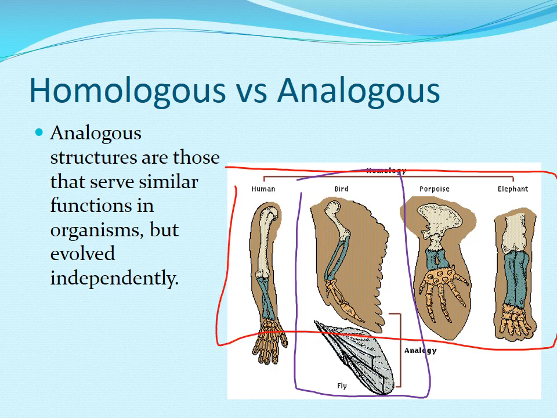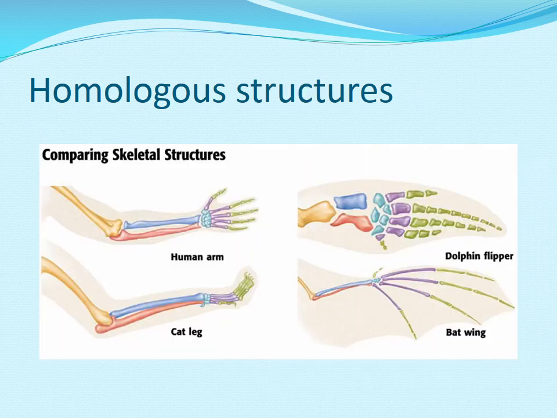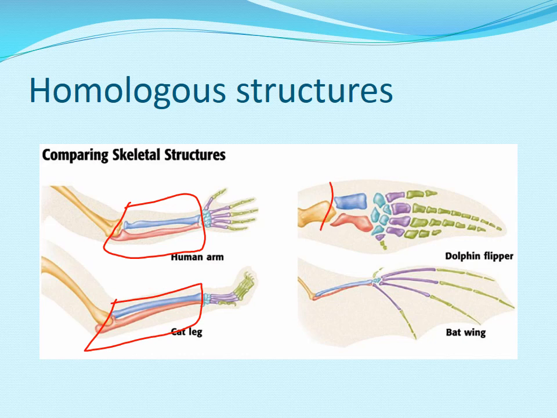Okay, all of those, the human arm, the bird wing, the porpoise flipper, the elephant leg, all of those seem very similar. And in fact, I have a better picture. Here we go, because this is color coded. All of these structures here, the human arm, the cat leg, the dolphin flipper, and the bat wing, have a radius and an ulna. See, these are the red and blue ones. They have carpals, which are these little turquoise ones, which are basically your wrist bones, but they're in different places in other organisms.